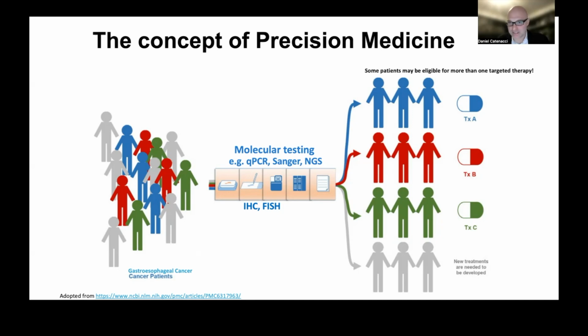As we've been discussing, some patients' tumors can be fitting into more than one therapeutic option. And on the flip side, some patients, despite all this profiling, may not have any predictive biomarker that's positive and therefore would not be eligible for any targeted therapy. And therefore, standard chemotherapy would be their best option.